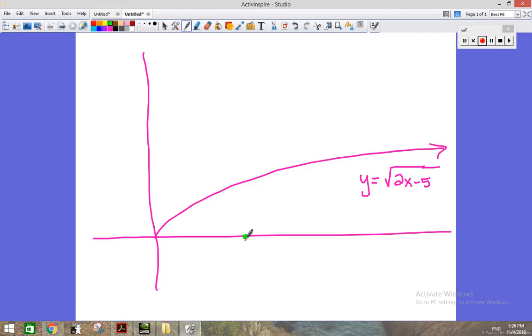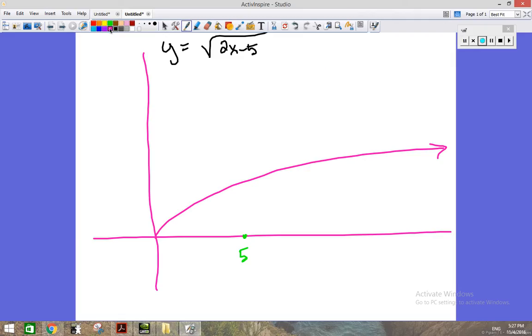So if this were 5, my graph going off like this would be y equals, well, let's back up a second. Remember, I'm building up towards this guy. Let's write it in a different color. Eventually, I want to show you what the graph of the square root of 2x minus 5 looks like.